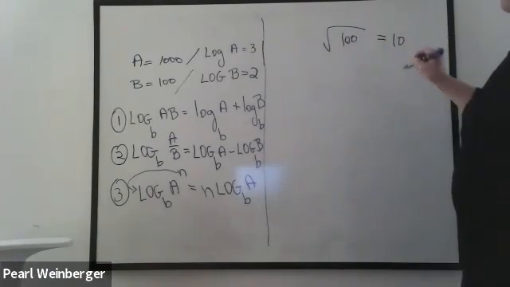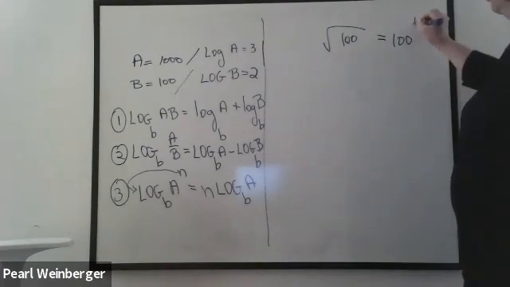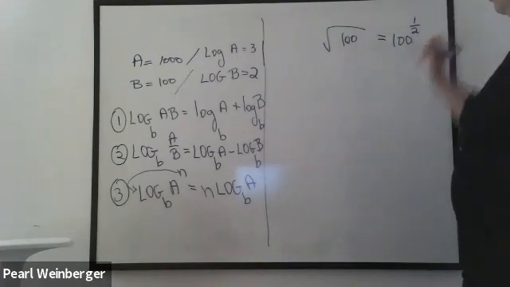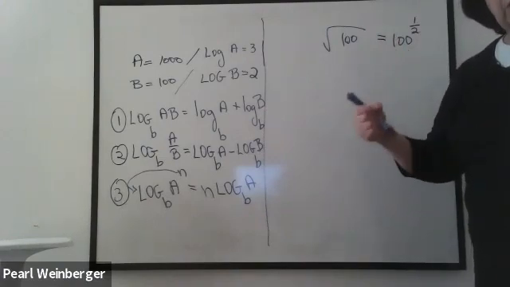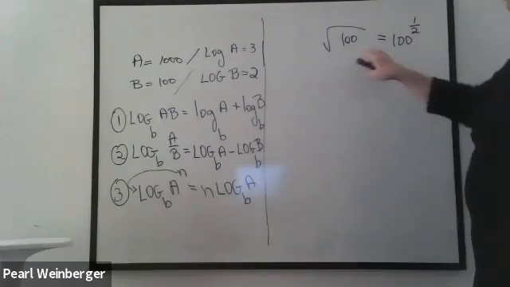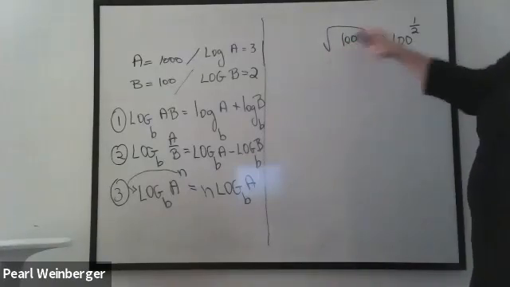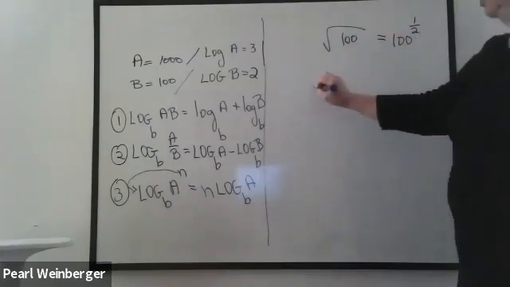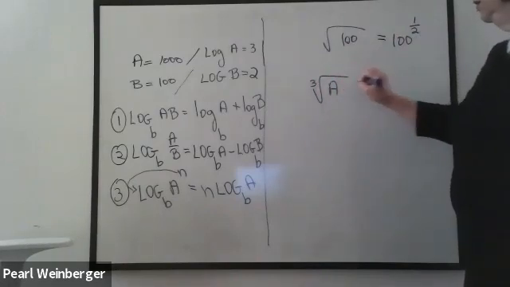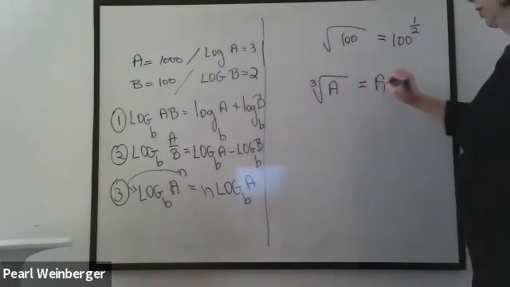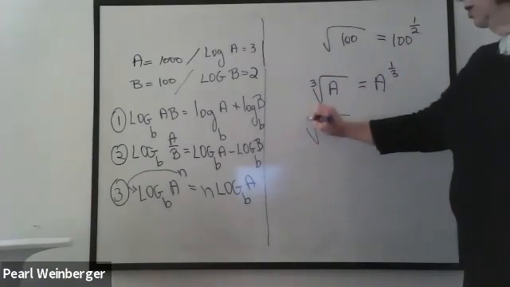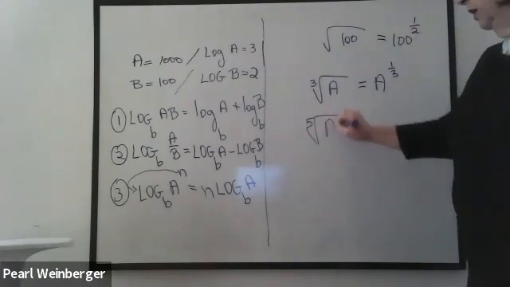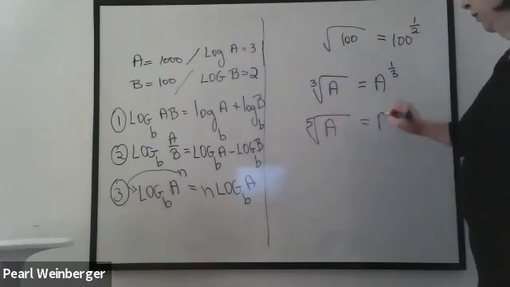This is the same as saying 100 to the 1/2 power. Fractional exponents are the same thing as roots. The square root is the 1/2 power. The cube root is the same as the 1/3 power. The 5th root is the same as the 1/5 power.